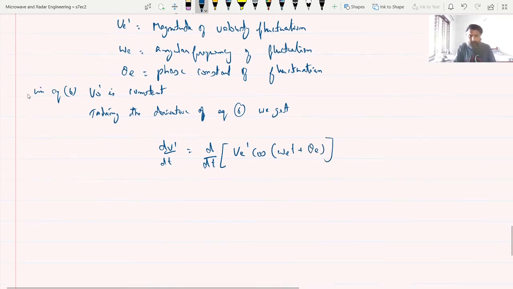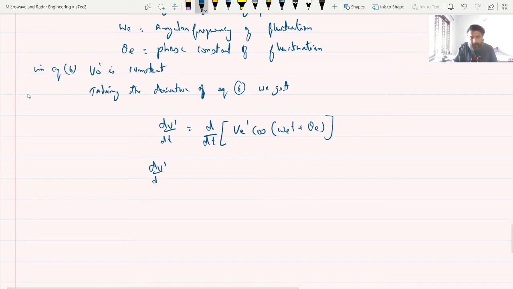So what is this one? dv dash by dt is nothing but minus ve dash omega e sin(omega e t plus theta e), called as equation number 7.